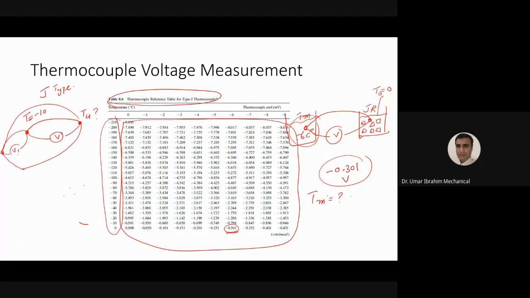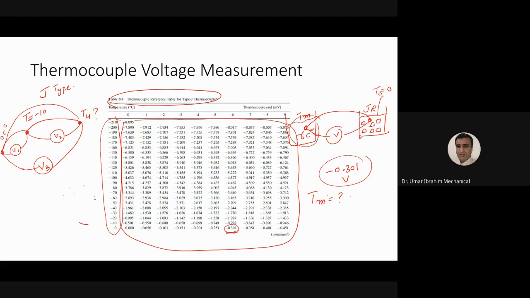So this is V1, this is V mirrored, this is V2. Let's do it this way, or let's call it V2, and this is V3. Okay, and this is 0 degree C.